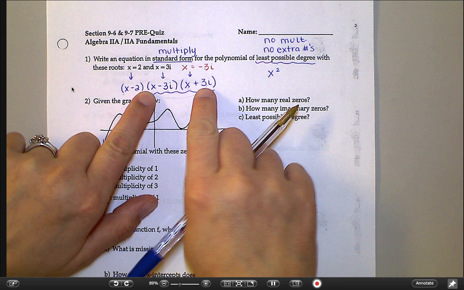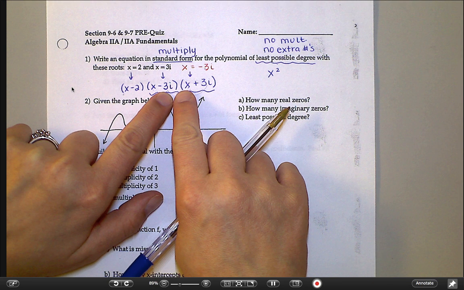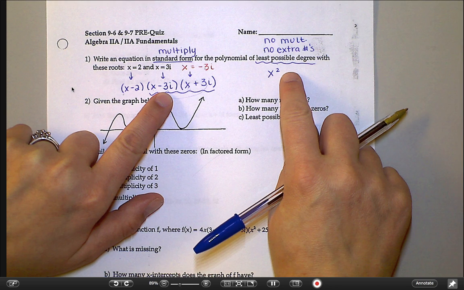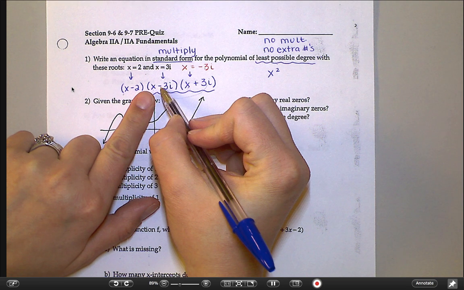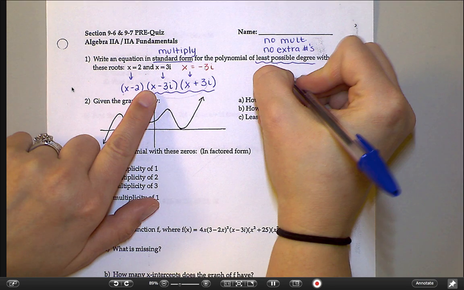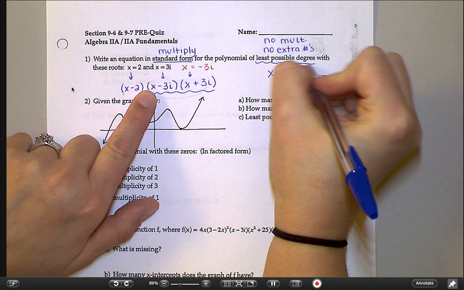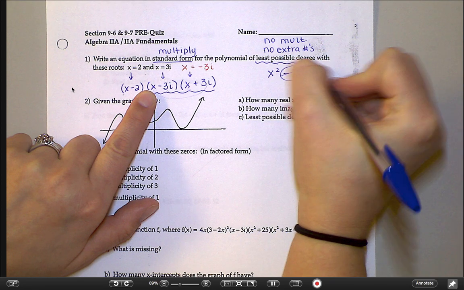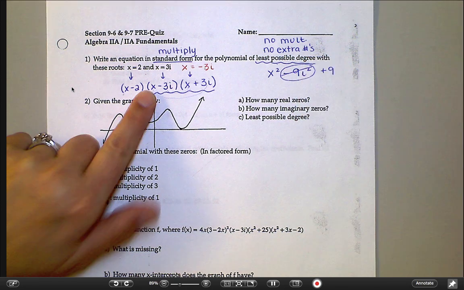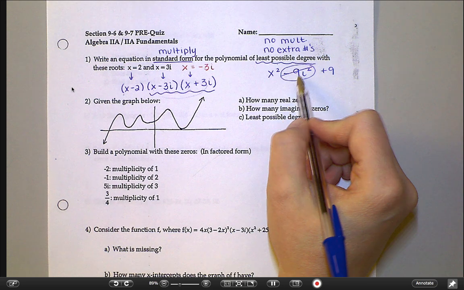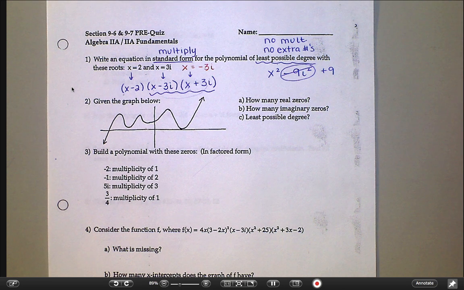Because I'm going to get a positive version and a negative version. So I don't have a middle term here, but then I'm going to end up with negative 9i squared, which I could then replace with a plus 9, because i squared is negative 1. So negative 9i squared becomes a plus 9.